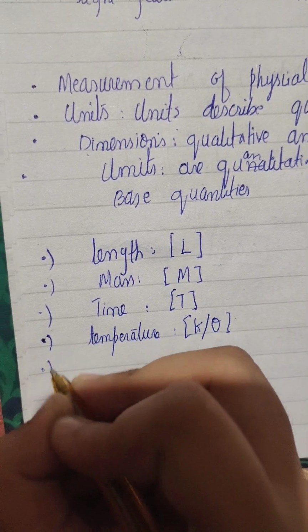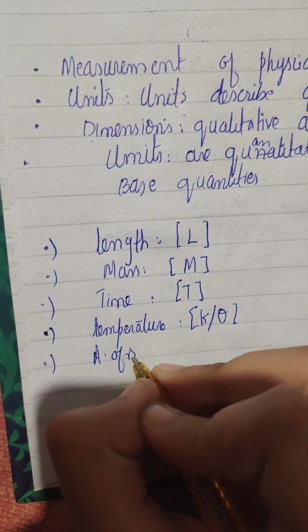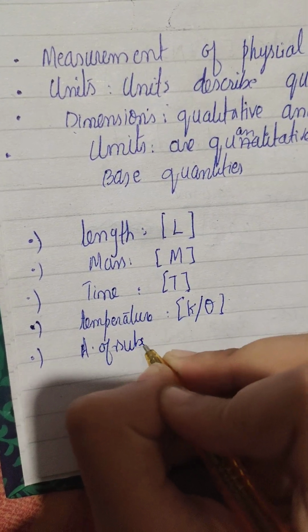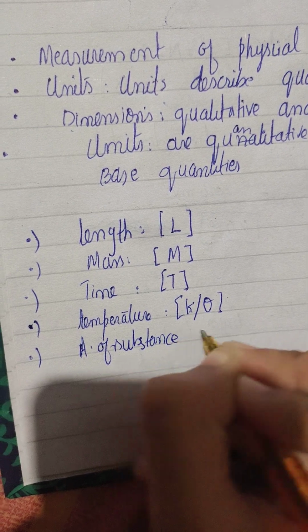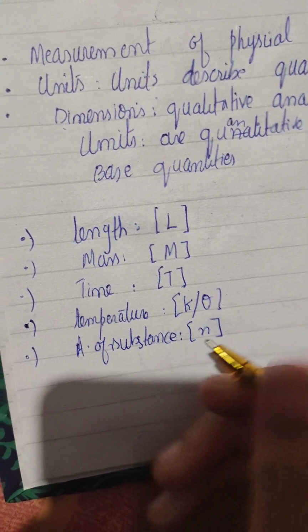Okay, then we have amount of substance, that is, the unit of amount of substance is mole, so it is number.